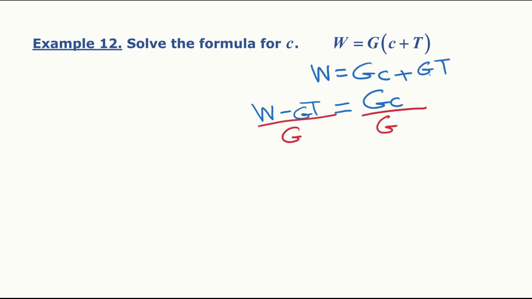All right, so now we end up with c is equal to w minus gt over g, just like that. All right, so make sure you practice that and we'll move forward.